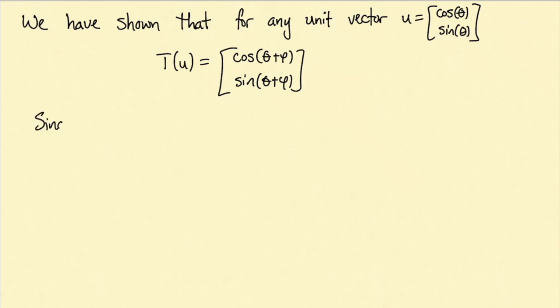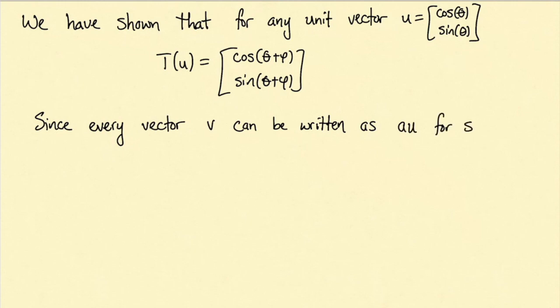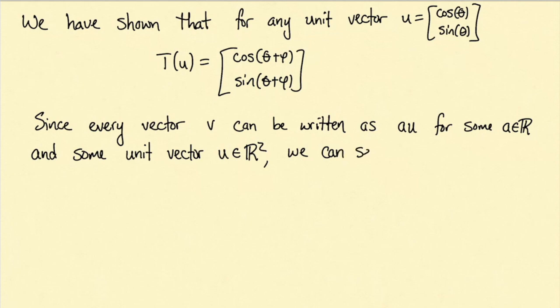Since every vector v can be written as a scalar multiple a times u for some real number a and some unit vector u, by linearity of T, when we apply the matrix transform T to v, we'll get T times au.